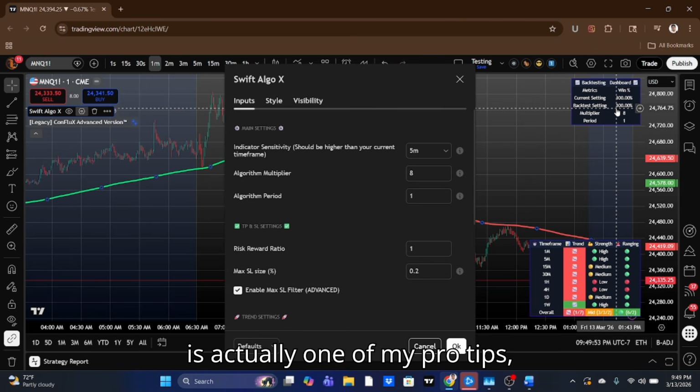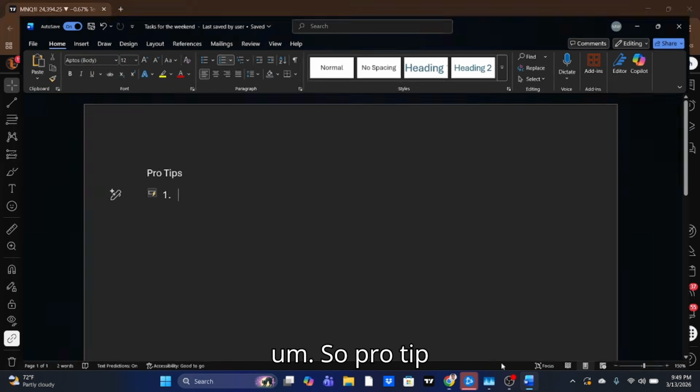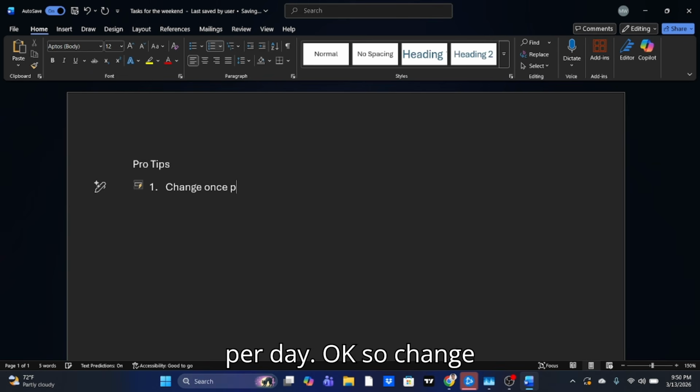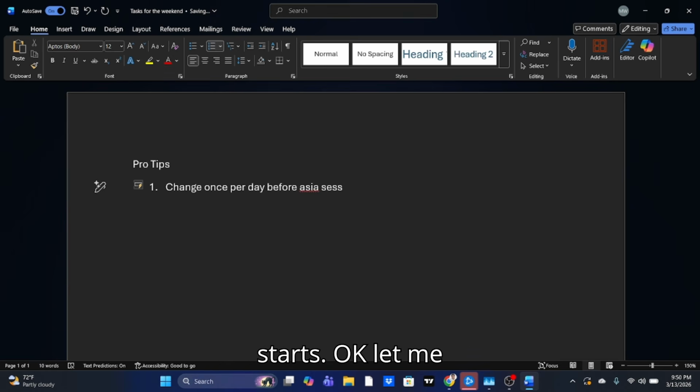Okay, so this is actually one of my pro tips. The pro tip is I change it once per day. I change it once per day before Asia session starts.